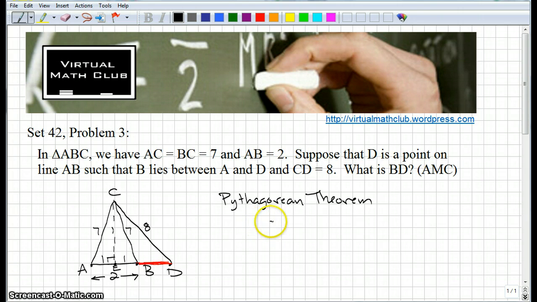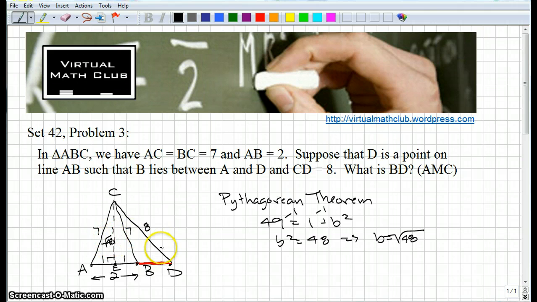The hypotenuse squared is 7 squared, which is 49, and that's equal to 1 squared plus this other side, which we'll call b, so b squared. If I want to solve for b, I can subtract 1 from both sides, so b squared is equal to 48. That means b is the square root of 48, and it has to be positive, obviously, because we're dealing with lengths of triangles. So this length right here is the square root of 48.